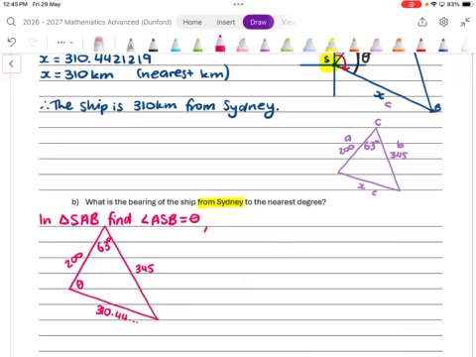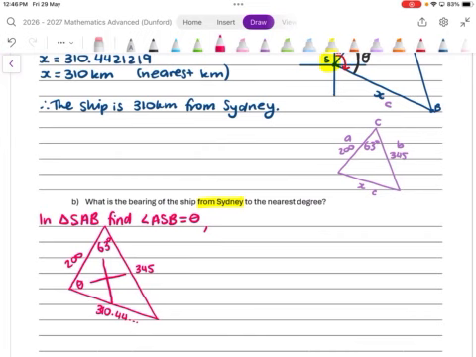There are two different ways that we're going to be able to find theta. We can either use sine rule or we can use cosine rule. Okay, because we have three sides and an angle, we could use cosine rule, or because we have two sides and two angles and we can draw across, we can use sine rule.